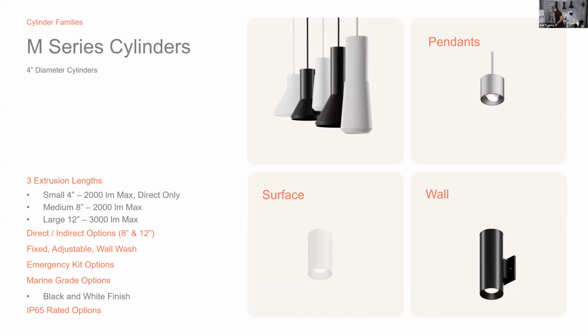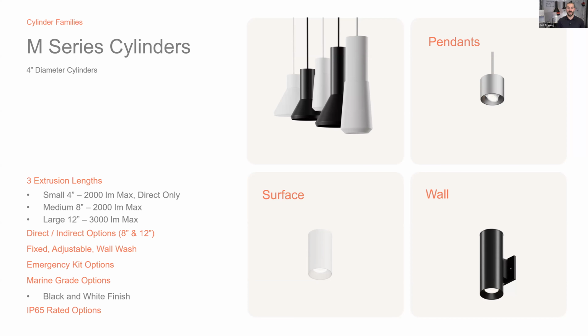So looking at one of the larger ones here, this is the 12-inch version with a downlight and uplight. The 4-inch size will accommodate only that downlight or the direct lighting option. The other two are able to accommodate both indirect and direct.